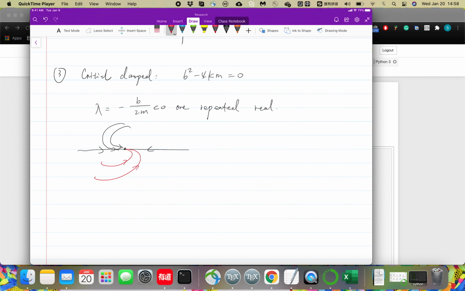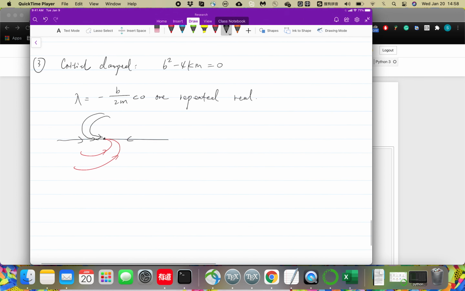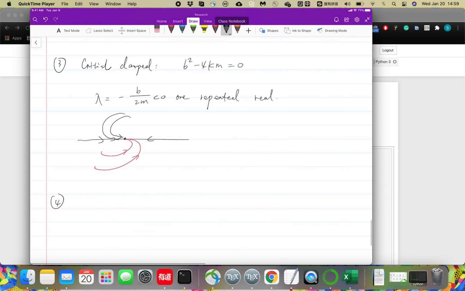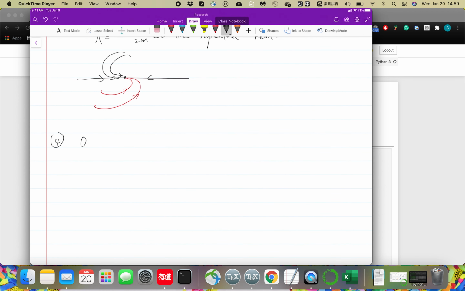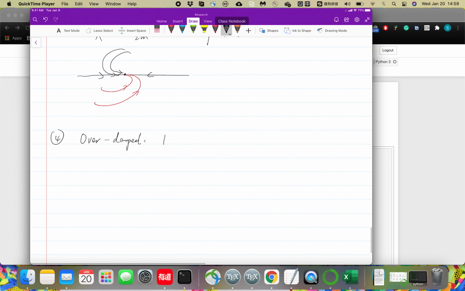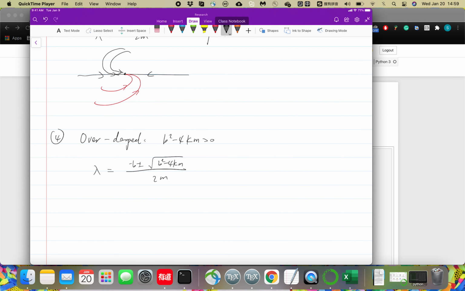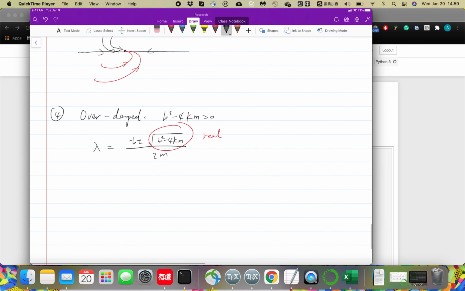Okay. All right. Now finally, you keep increasing B. We finally have the overdamped. That's when you have B squared minus 4km bigger than 0. Lambda, therefore, is going to give you, and this part this time become real. Therefore, you have two distinct real.